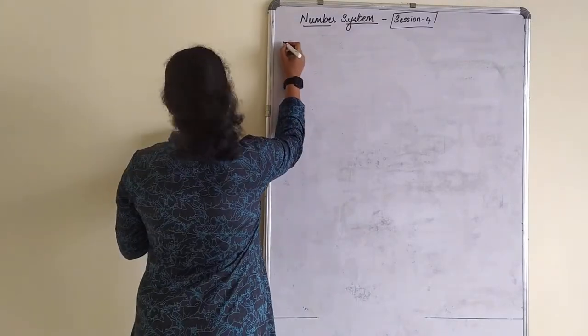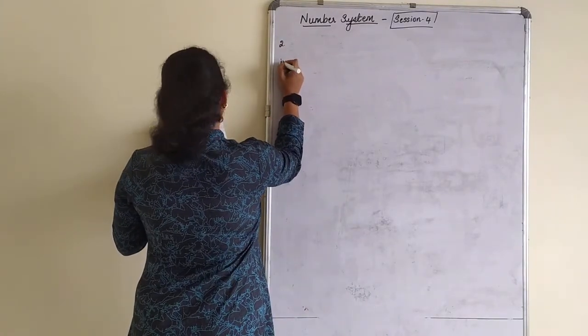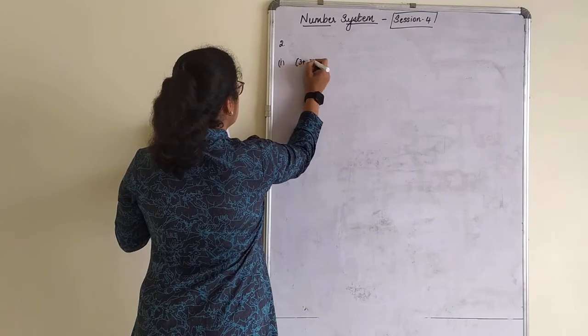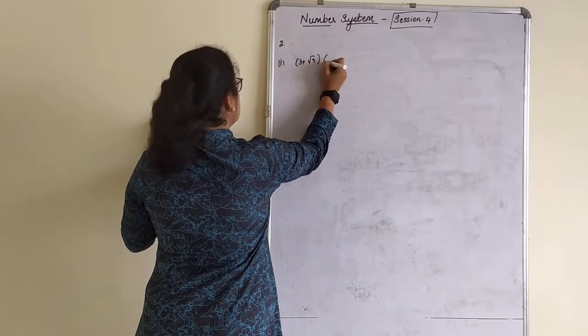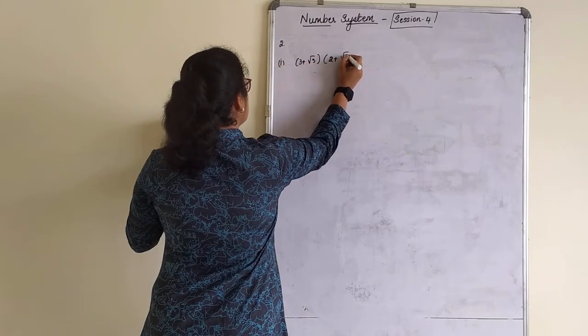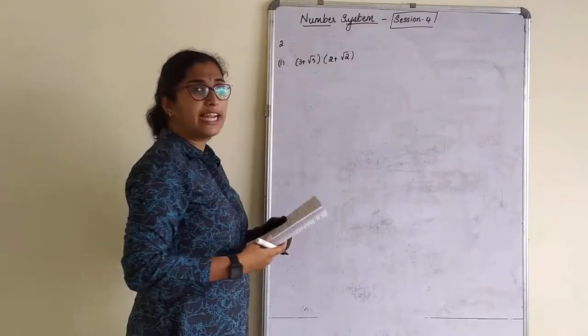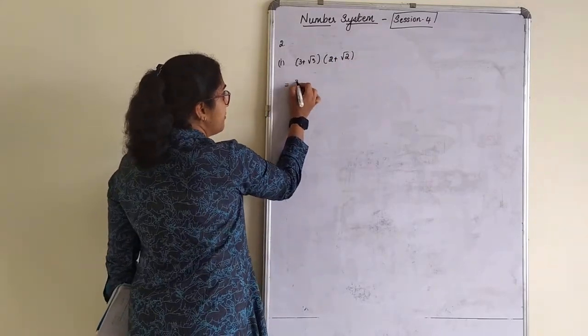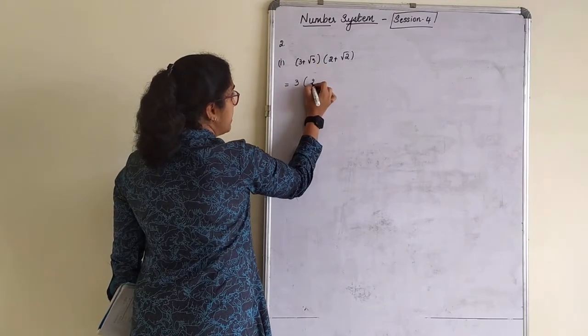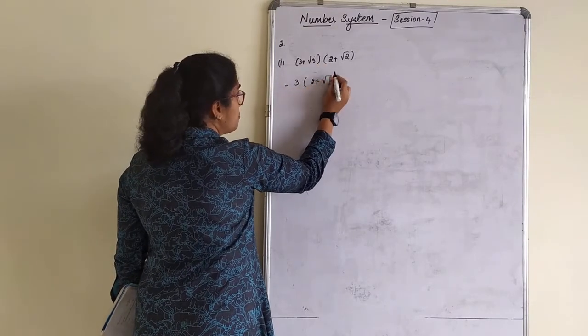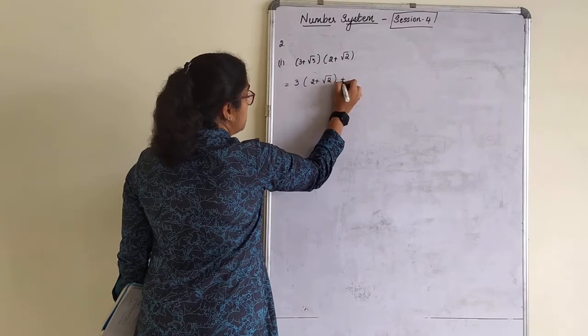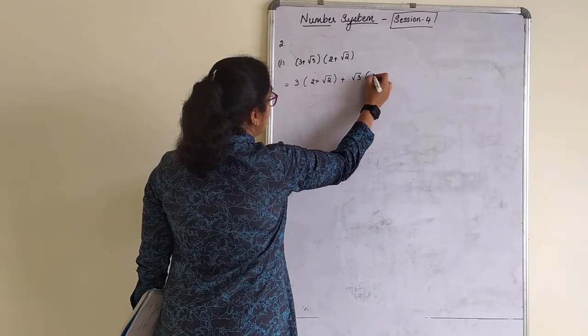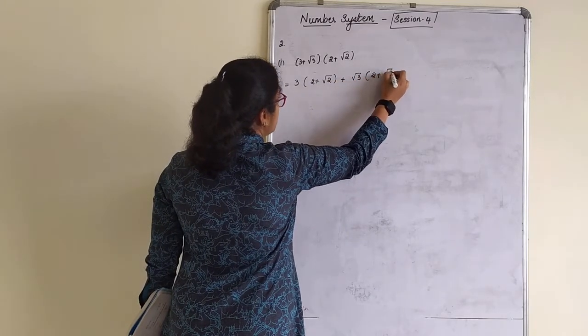First one, second mean, first one: 3 plus root 3, 2 plus root 2. It is binomial by binomial. So let us multiply. How do we write this? We first write 3 multiplied by 2, distributive property we are applying, plus root 3 of 2 plus root 2.